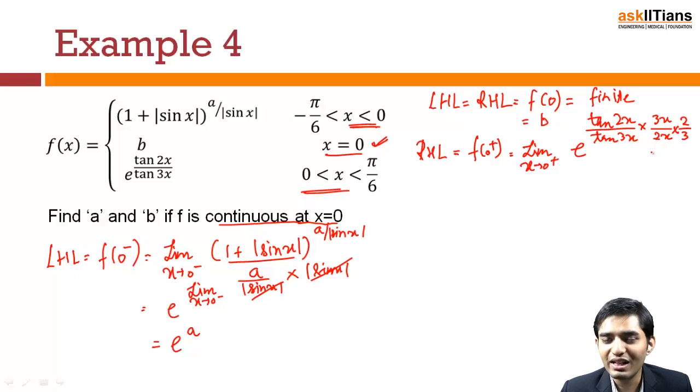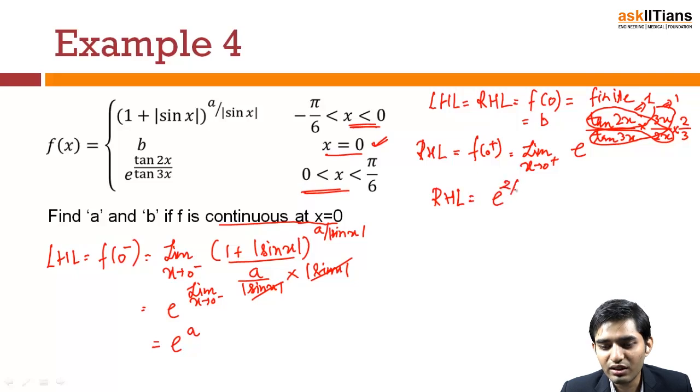Now tan 2x by 2x will be 1 and 3x by tan 3x will be 1, because x is tending towards 0. So this limit is 1, this limit is 1. So basically, RHL will be nothing but e to the power 2 by 3.